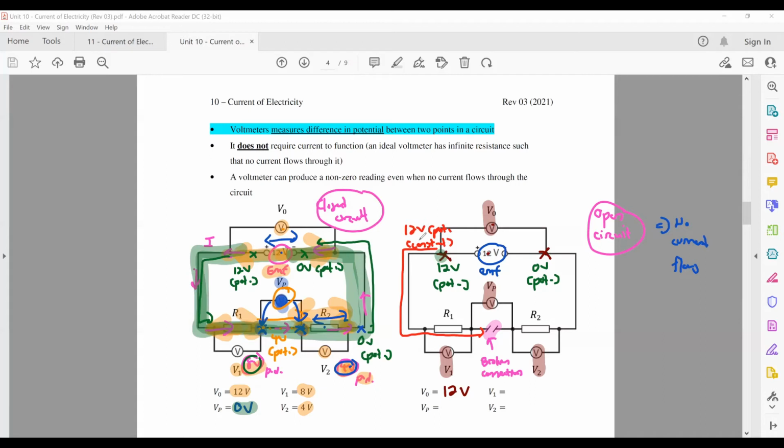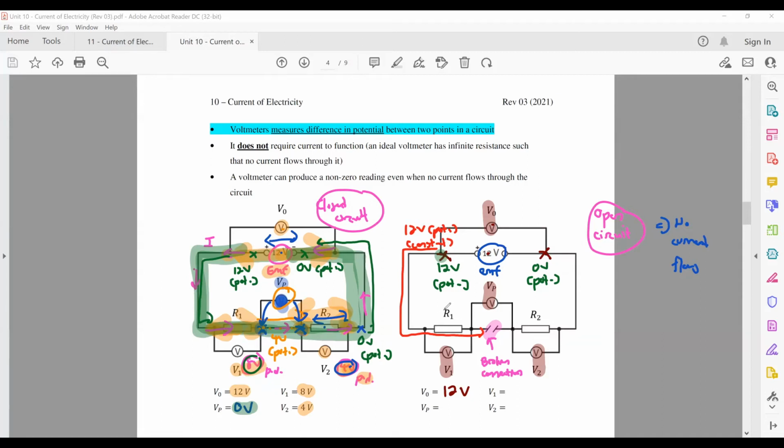Now, why is it that I say the potential is constant all the way to here? Why isn't there a change in potential across the resistor? It's because you remember how PD is defined. PD is the difference in potential between 2 points, where electrical energy is converted to other forms of energy.